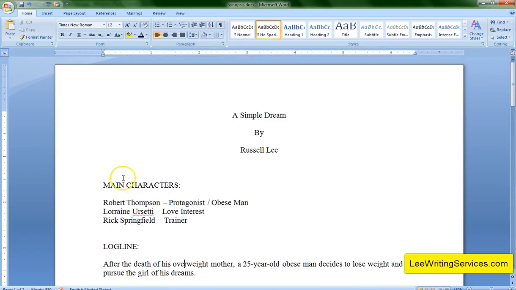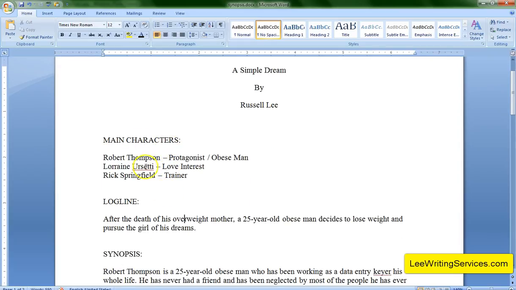This is optional. I like to put the characters in this because I just want to remember who all the main characters are. If I don't have a list like this, I might forget, and later on when I'm writing the script, I might not use some of them enough or at all. So I want to make sure these characters are on my mind so I don't forget them.